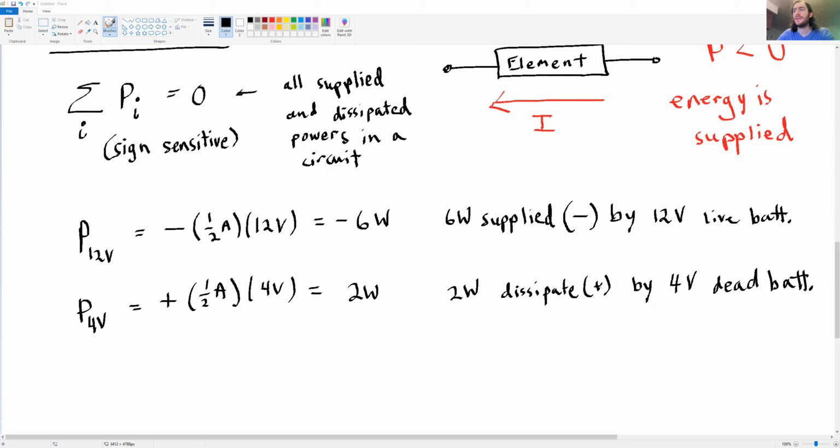However, there's more that we can do here with this example. We don't have to stop there. We could now begin to ask the question, well, what about the power balance? Is power balanced in this circuit?